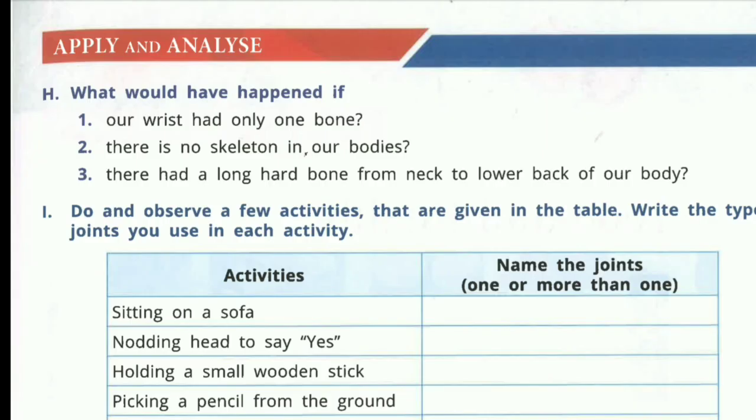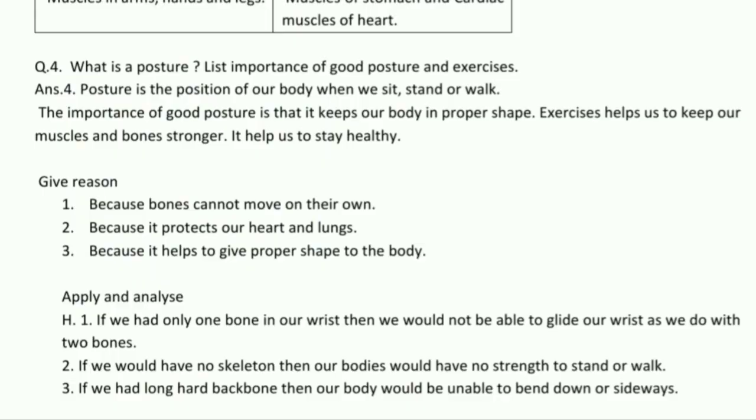Next you have something which is to be analyzed. What would have happened if? So if our wrist had only one bone, what would happen? Let's find out the answers. If we had only one bone in our wrist, then we would not be able to glide our wrist as we do with two bones.